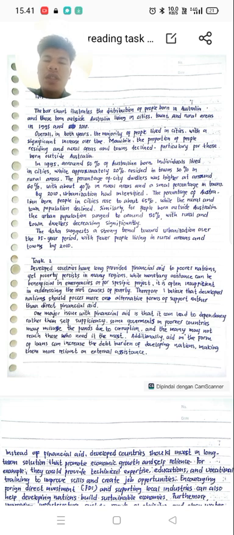By 2010, urbanization had intensified. The percentage of Australian-born people in the city rose to about 65%, while the rural and town population declined. Similarly, for people born outside Australia, the urban population surged to around 80%, with rural and town dwellers decreasing significantly.